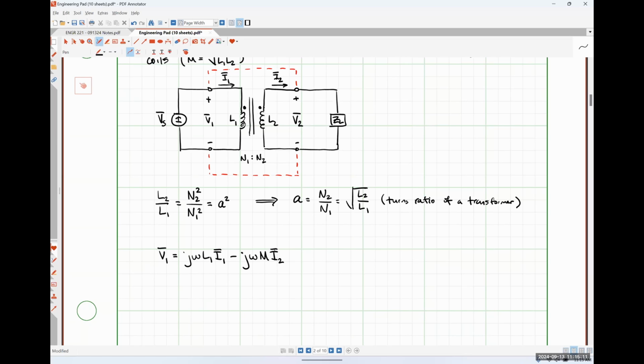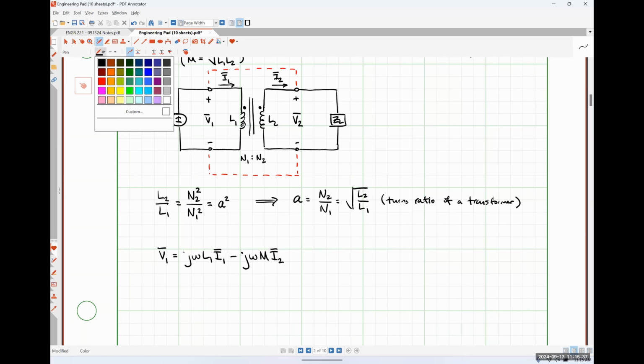Because our coils are perfectly coupled, we could replace this M by the square root of L1 times the square root of L2. But we can play around with things a little bit more. Let's look at a quick identity, for lack of a better word.